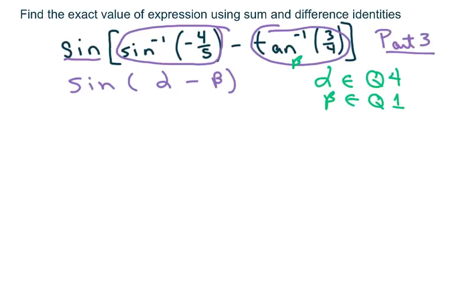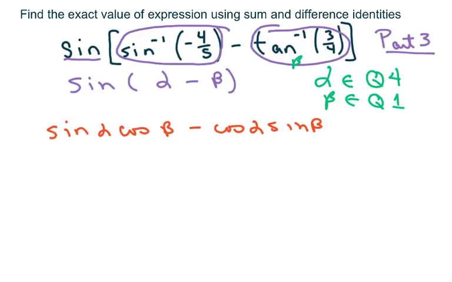your formula. So I'm going to write the formula out. We have sine of alpha, cosine of beta, minus cosine of alpha, sine of beta. So what we need is cosine and sine from these.